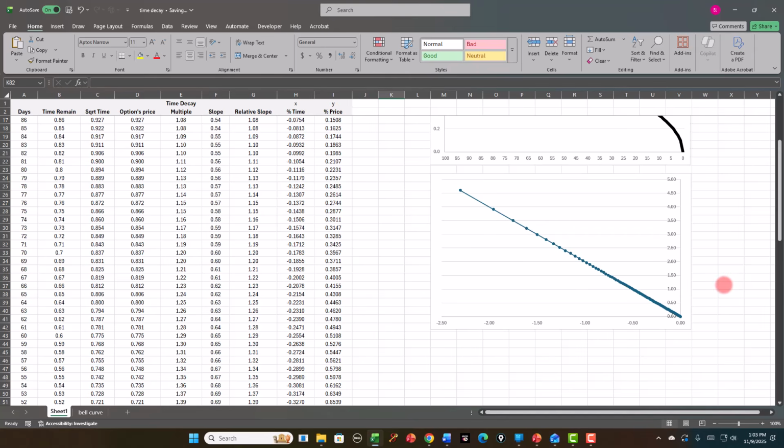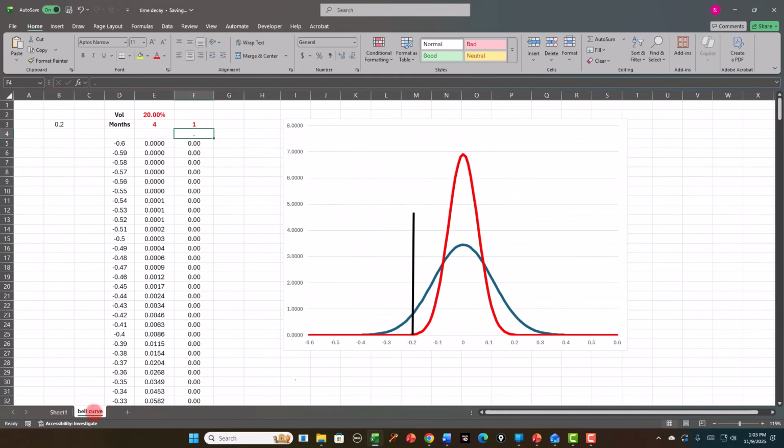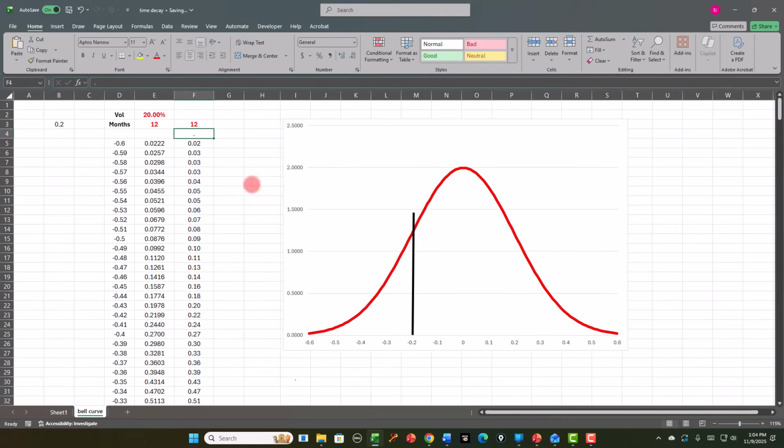When we experience this idea of time decay, especially on our graph, what's really happening is we're seeing the bell curve starting to pinch in. And that happens to be at a constant rate. But because, if we go to a bell curve here, watch what happens. Let's say we've got 20% volatility, and I'm going to make this 12 months. We'll make this 12 months as well.